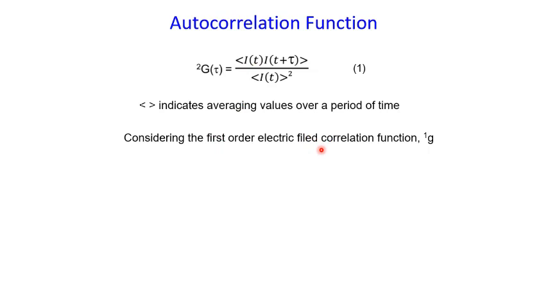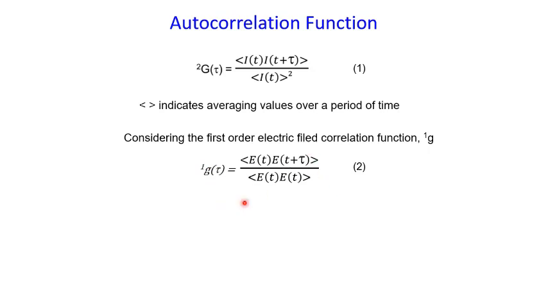Okay. So this first order correlation function of the electric field is defined as follows, like how it is defined for the second order correlation function. In a similar manner, the first order correlation function for the electric field can also be defined.